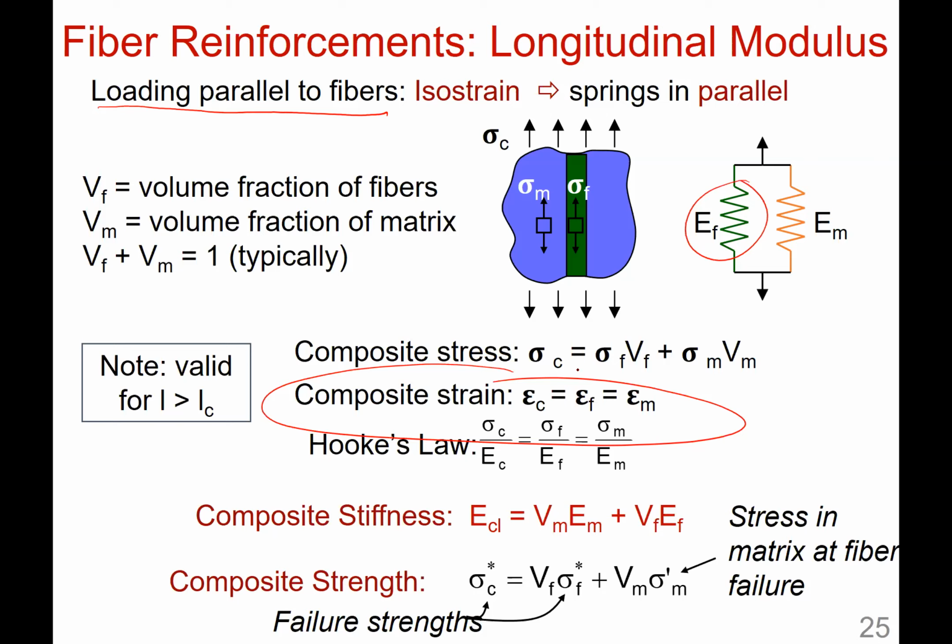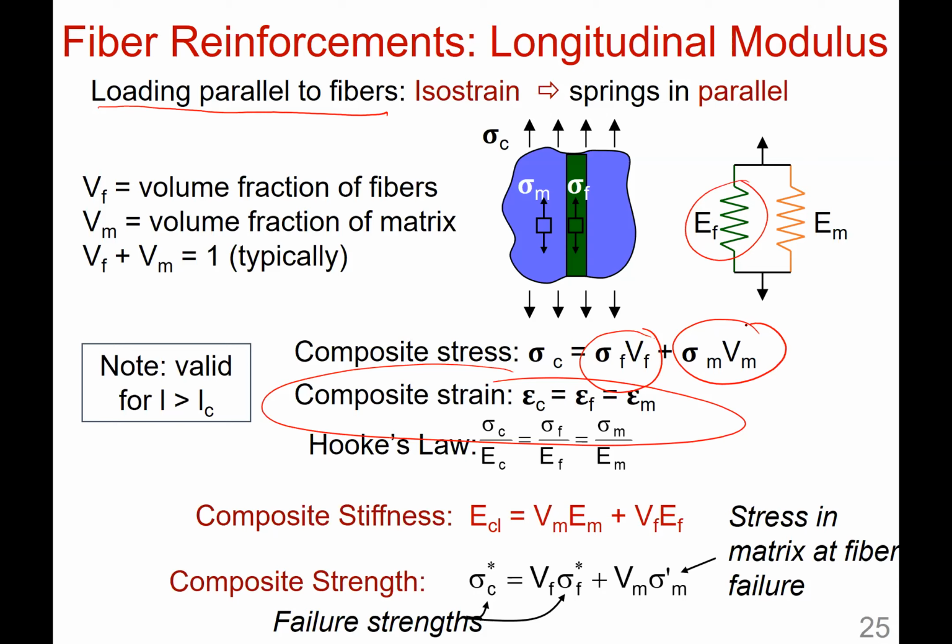then is a composite. Your stress is the stress state in the fiber times the volume fraction of your fiber in your composite, plus the stress of the matrix, which will be different than that of your fiber, times the volume fraction of the matrix in the entire composite.